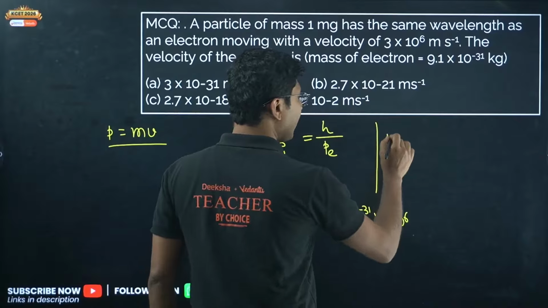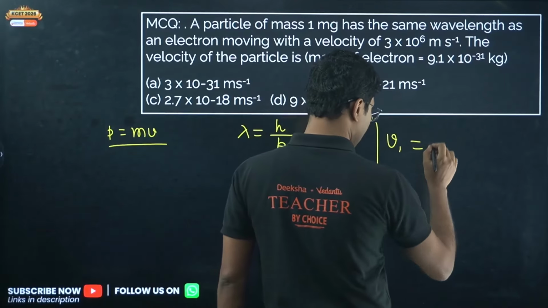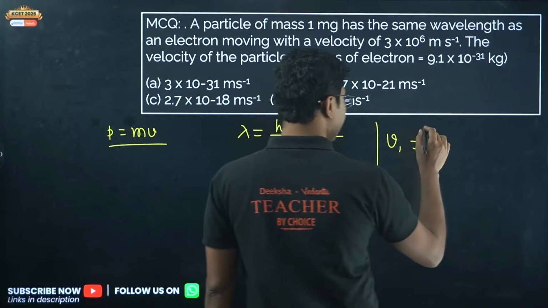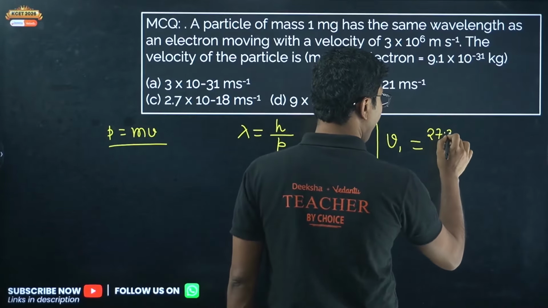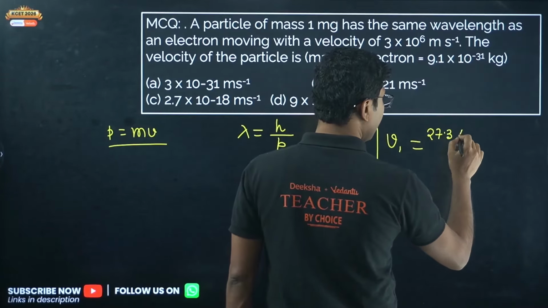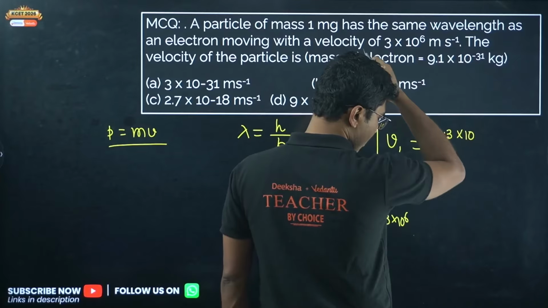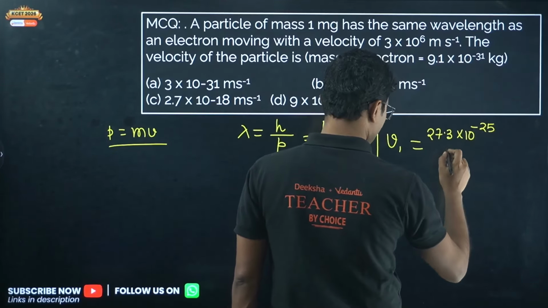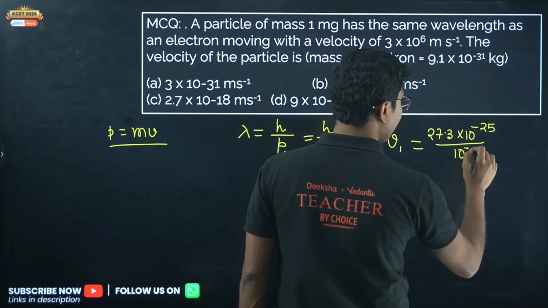Next, v1 equals 27.3 into 10 to the power of minus 25 divided by 10 to the power of minus 3.